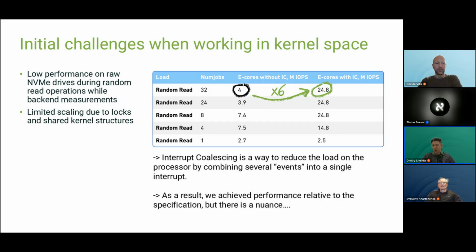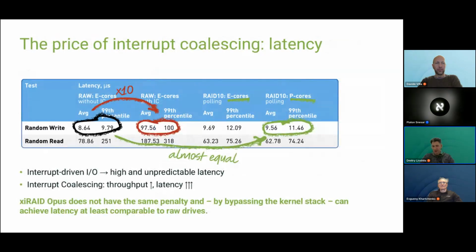The question is, what's the price for this utilization? The price in this case is the latency of any request. You can see that the latency will be 10 times more than if you don't use interrupt coalescing. So you get great performance, but you cannot get great latency in parallel. What's the problem? The problem itself is the Linux kernel.